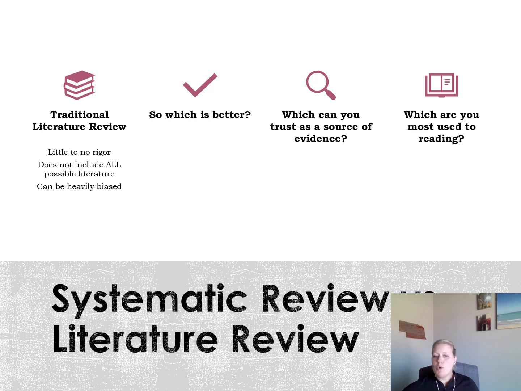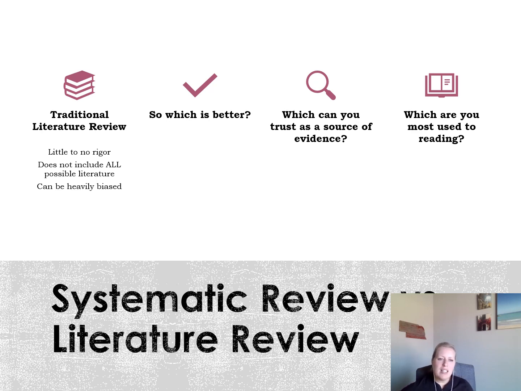So I say the word systematic review, and you may think that I mean a literature review. They are very different. A traditional literature review just chooses a few articles, like something you would read in a magazine. They may reference somebody, but it's just one or two articles.